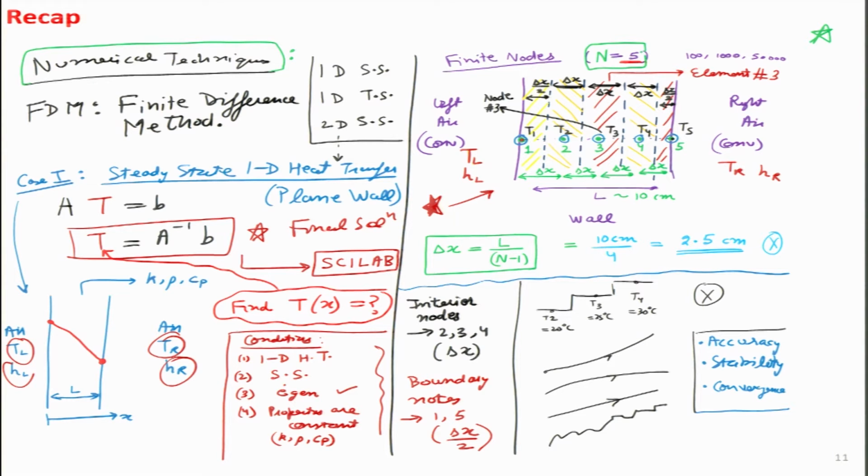In this example on the top right hand side, we divided the wall into equal elements, and then we differentiated 2 types of nodes. One is the interior nodes, which we labeled 2, 3 and 4, and there were 2 half boundary nodes, node 1 and node 5, because they have half the area compared to the others.